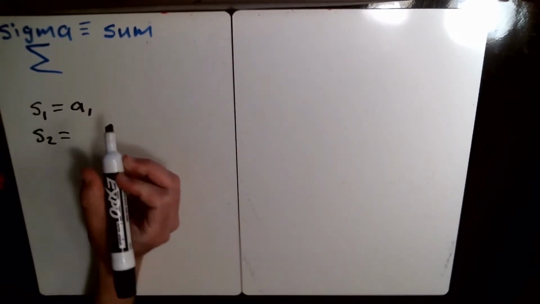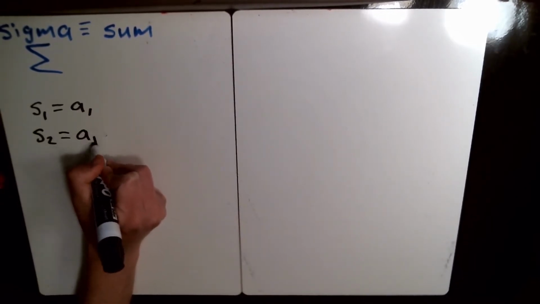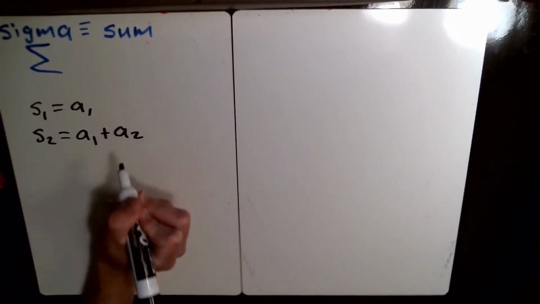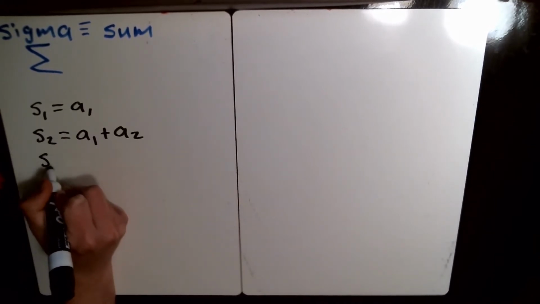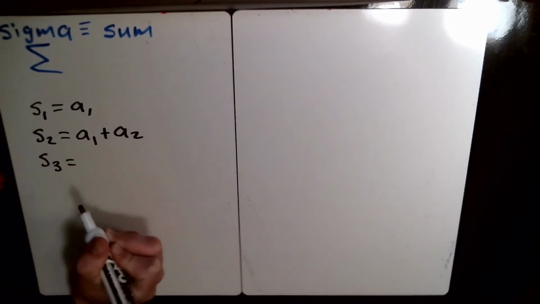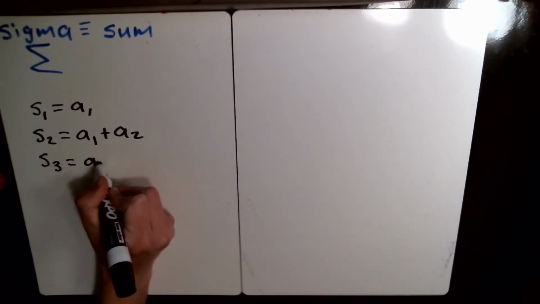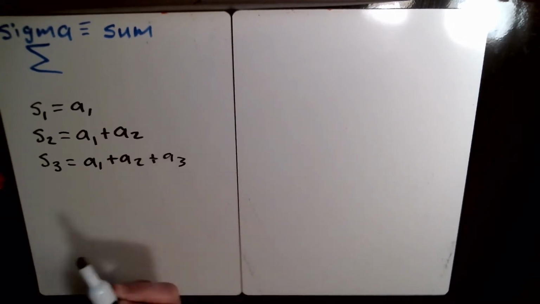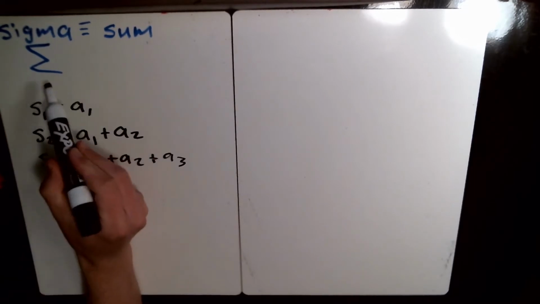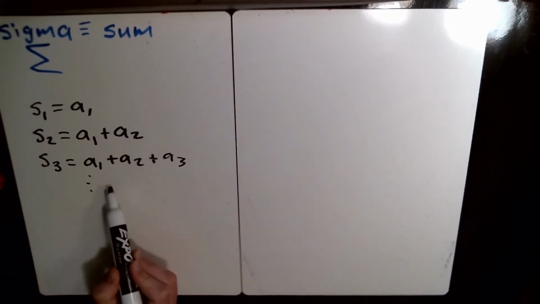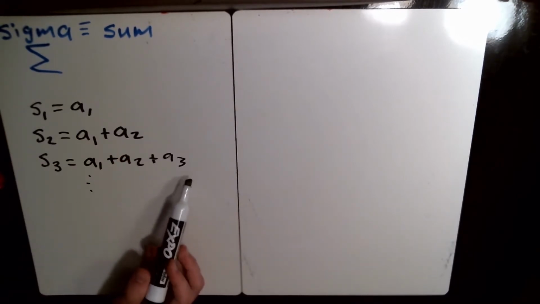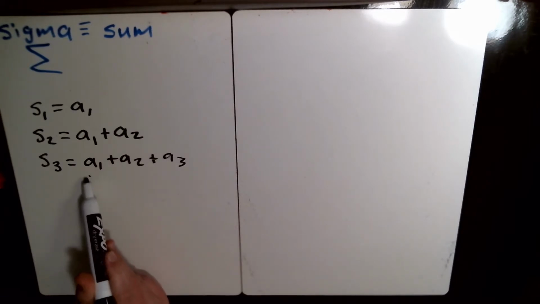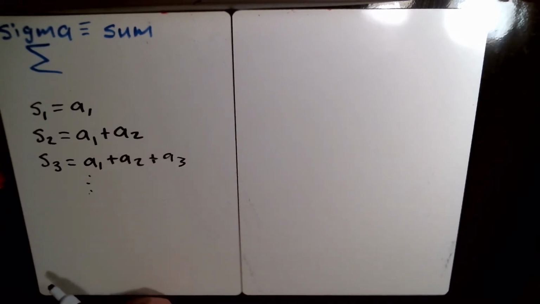Then I did the first two terms of the sequence added together. Then I did the first three terms added together, right? And so on. The idea behind the sigma notation is there's got to be an easier way of writing this mathematically without having to use dot dot dots to describe this pattern.